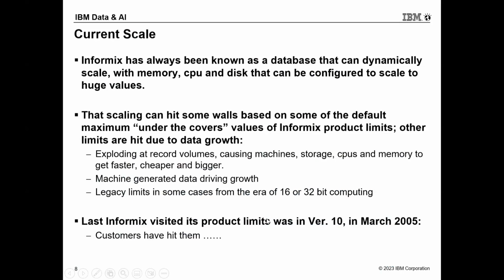And when that happens, customers have to do real-time changes to their table layout and the database configuration. Fragmenting oftentimes by expression, having to choose what that expression is in real time, it's a bit of a problem.